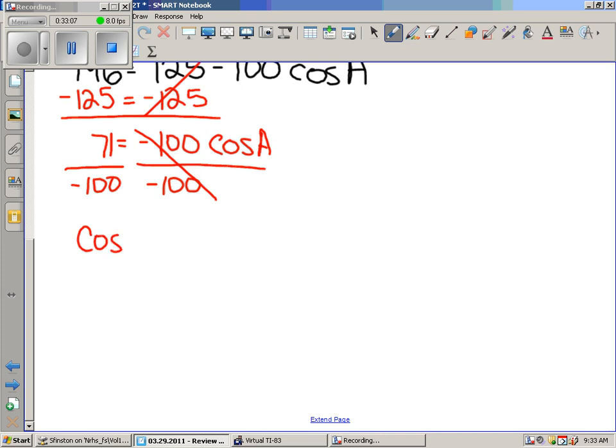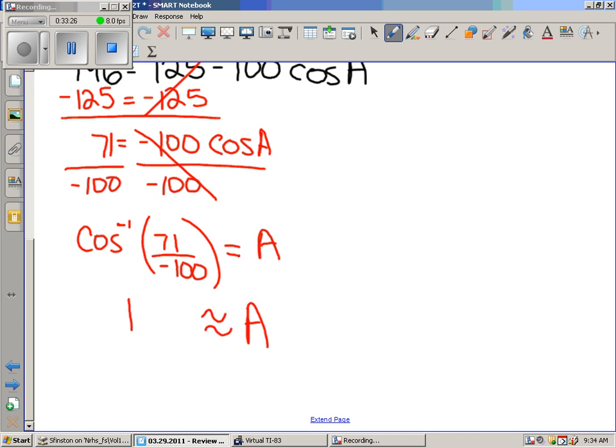So cos inverse of 71 over negative 100 equals A. How much is A approximately, to the nearest degree?